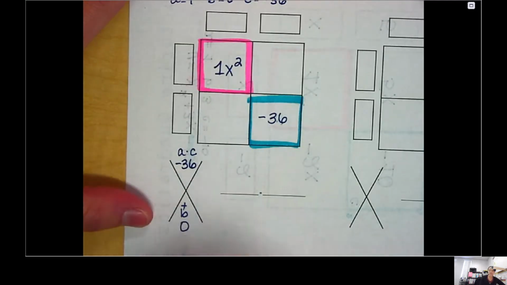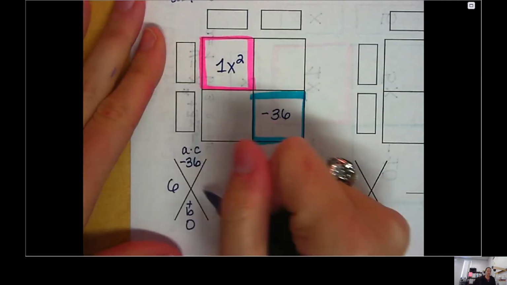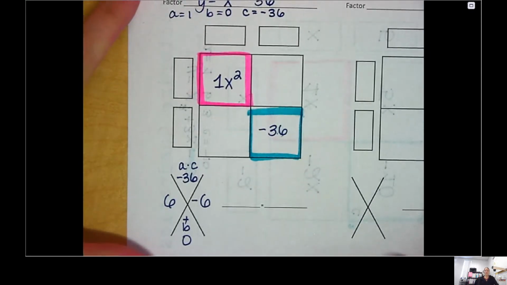And your B value is 0. So yes, 6 times -6 gives you -36. One has to be negative, right? So a positive 6 and a negative 6, because when you add positive and negative 6 together, you get 0. It goes away. All right, so let's fill out the box now. This part's easy. So it'll be -6 and 6 for the factors.